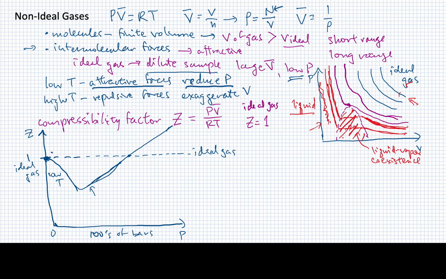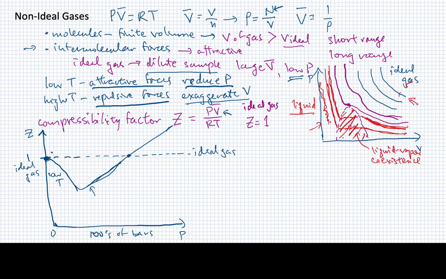As we increase the pressure, though, we're now getting into a realm where the repulsive forces are becoming more dominant, and it's exaggerating V. You can see that the molar volume and the pressure are multiplying by one another here. So the point at which the changes in them are exactly balancing is where we reach this point that we cross the ideal gas line.